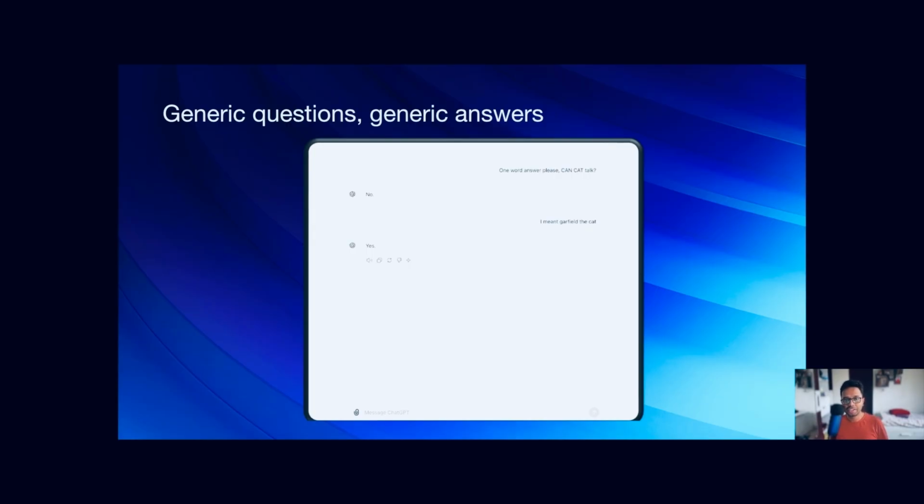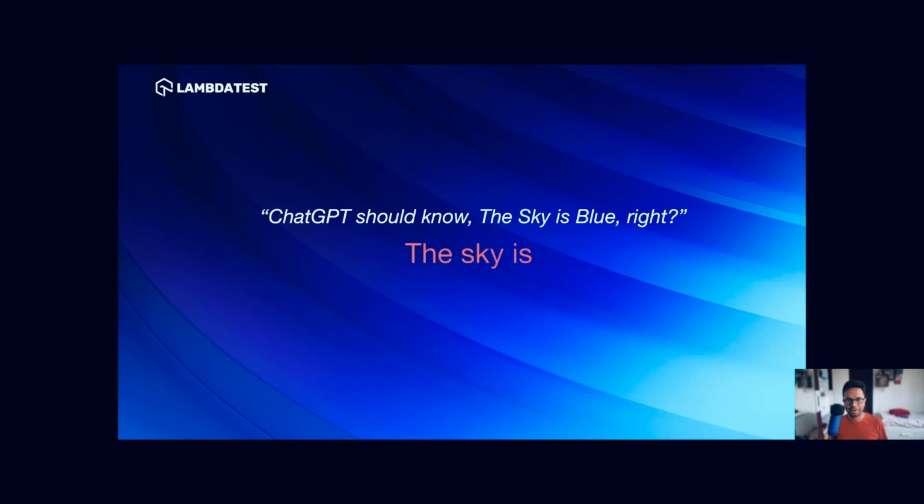Let's look at some more examples, right? In the next slides, let's look at how ChatGPT behaves when I ask it to complete a sentence. ChatGPT should know the sky is blue, and that is what I wanted it to say. We can go to ChatGPT and say, complete the sky is, and then hit enter. Give it a moment to understand what it might give as a response.